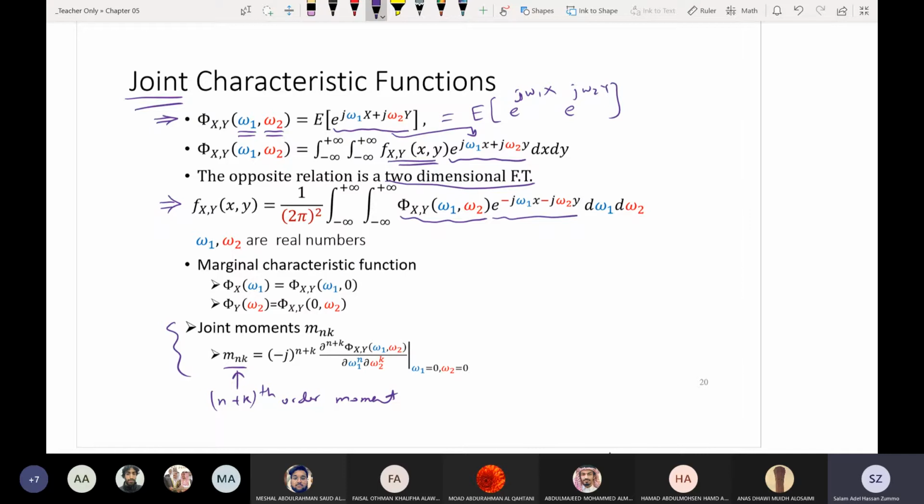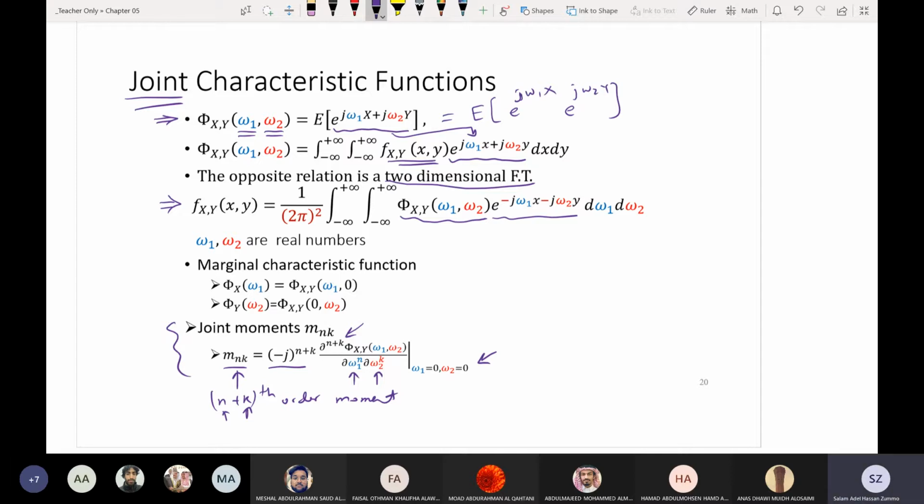It will be minus j to the power n plus k, which is the order of the moment, and then you differentiate n times with respect to omega 1, and k times with respect to omega 2, and set omega 1, omega 2 to 0. Very similar to the single random variable, except now we differentiate n times with respect to omega 1, because it is for x, and k times with respect to omega 2, because this is for y.